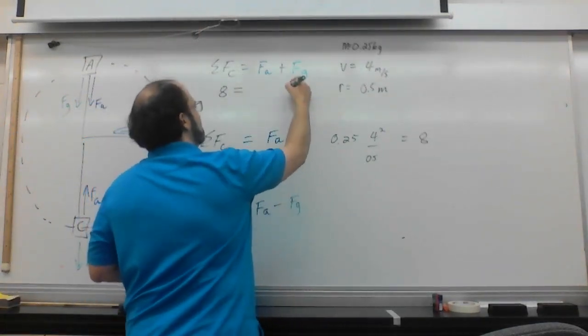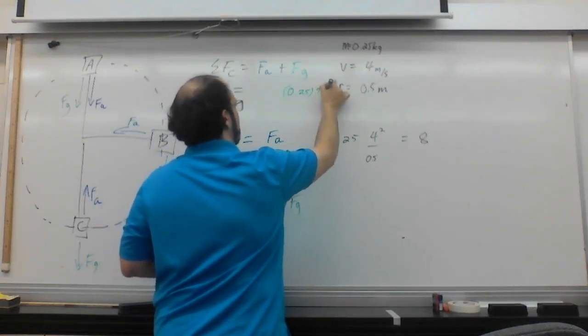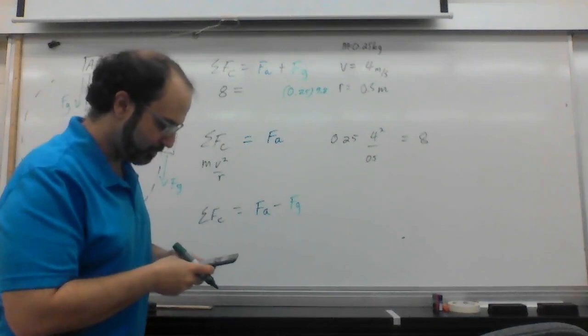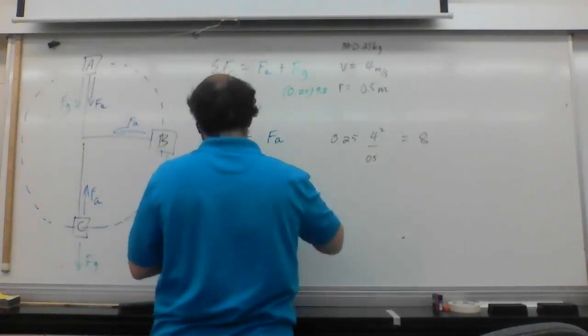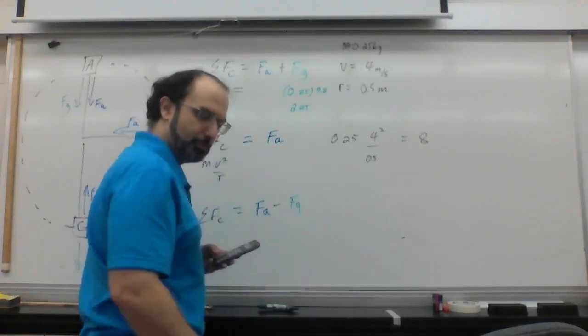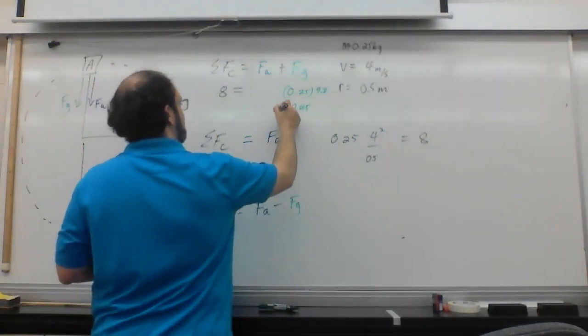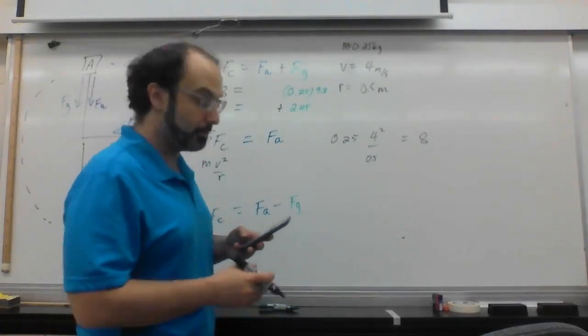Gravity's helping. So it's going to be 0.25 times 9.8. So I go, okay, 0.25 times 9.8 equals 2.45. 2.45 plus some number equals 8. Gee, I wonder what the some number is.